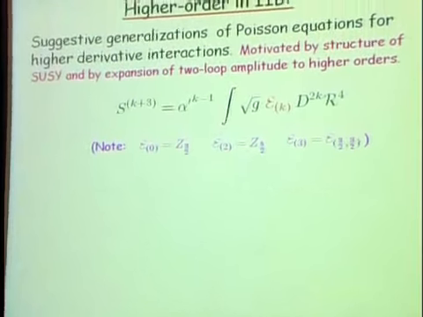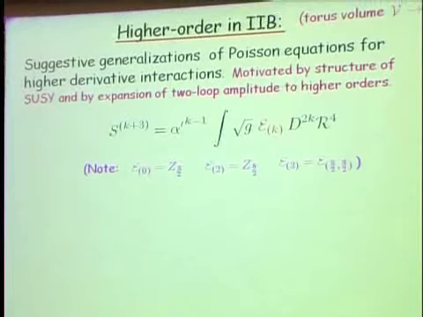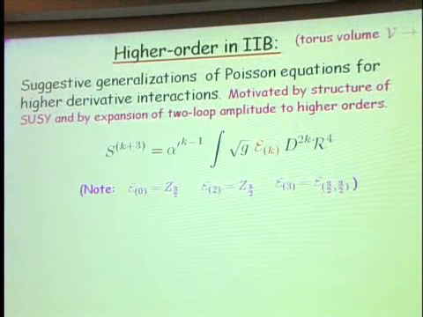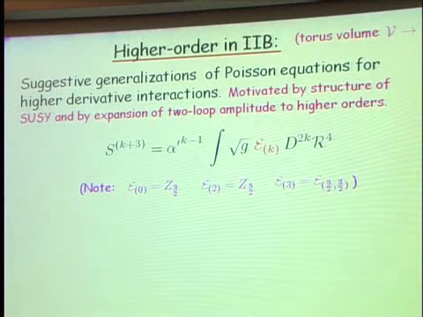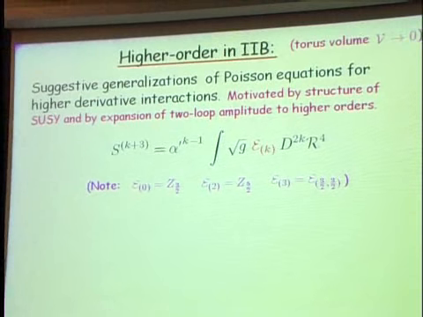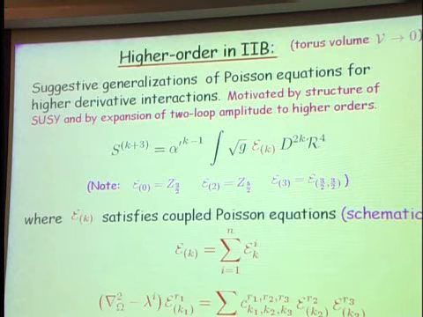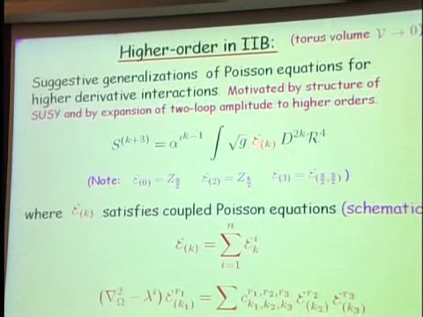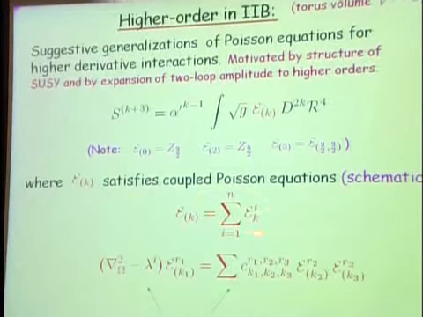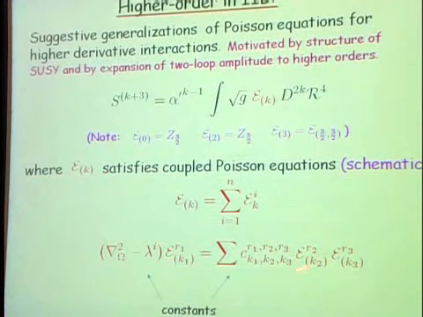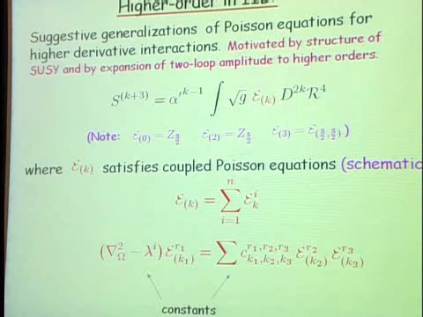Our ambition is to go further and have some general structure at any order for such a Poisson-like equation, and then hopefully see how you get some generating function which gives all of them at once. We certainly haven't done that. However, there is motivation, which I will allude to quickly, for believing that at some general order d to the 2k, the E is no longer just a single modular function, it's a sum of modular functions which satisfy Poisson equations with quadratic sources of the sort I've just described.